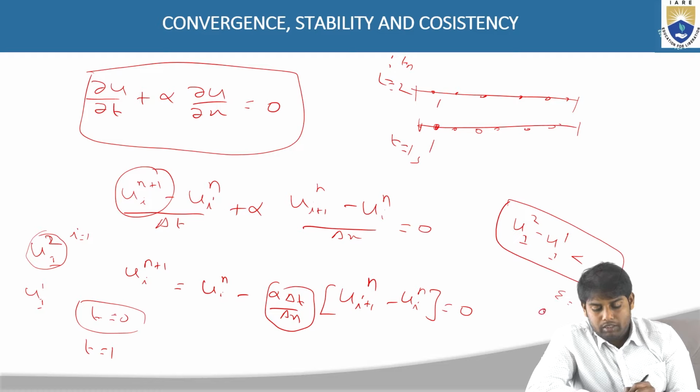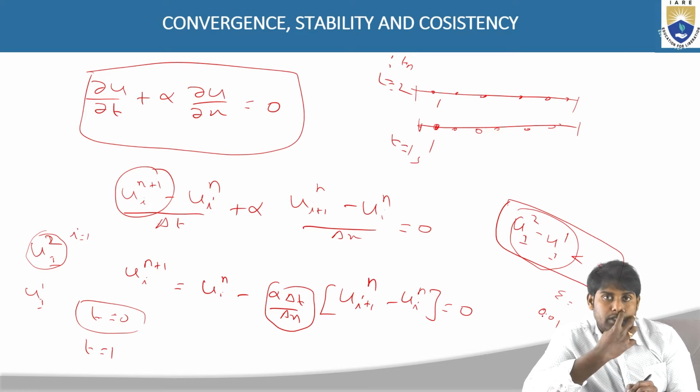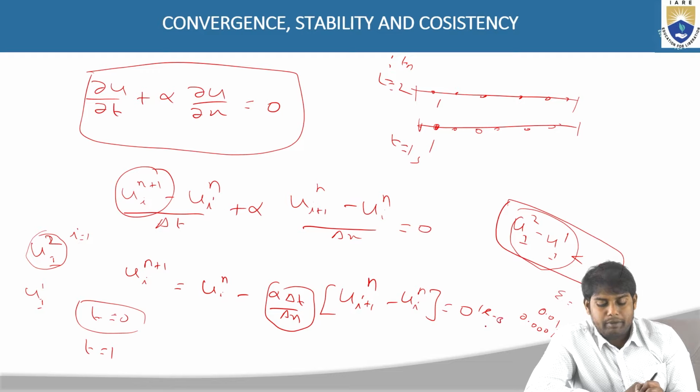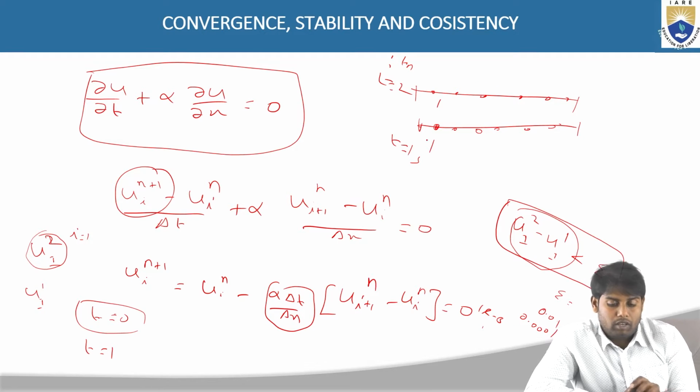So if you think this would be 0.01, then if the difference is less than 0.01, the simulation will stop. Okay, so if you are taking, let's say 0.00001, so basically 1e minus 4, 1e minus 5, 1e minus 6. So the meaning is the velocity at this particular grid point has an initial value.